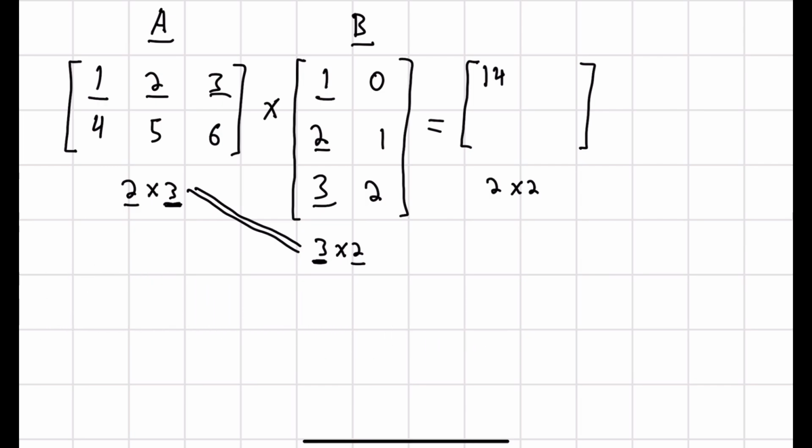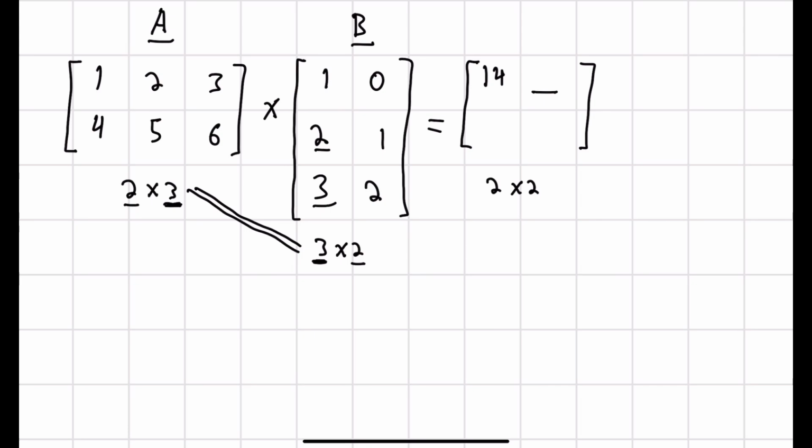So now let's calculate the top right cell. So we perform the dot product for the first row for matrix A and the right column for matrix B. So let me just erase everything.